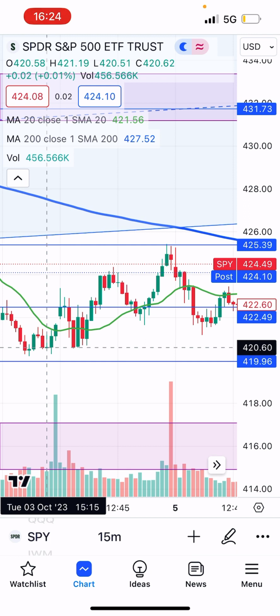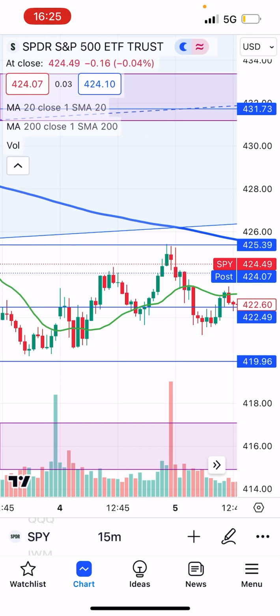Unless they keep rinsing and repeating: they sell their puts for profit and then roll them down to a lower strike, then yeah, we're going to keep going lower, right? And then you have to watch that put wall to see if it's moving lower with the stock as well.